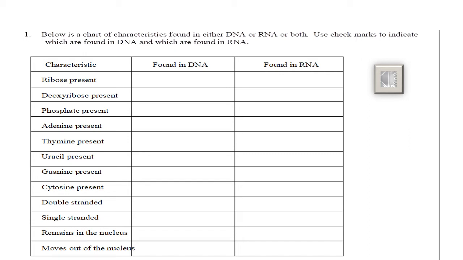Yes, DNA, because DNA is a very, very big molecule and can't pass outside. Which one moves out of the nucleus? Of course, RNA. RNA can move outside, while DNA can't.